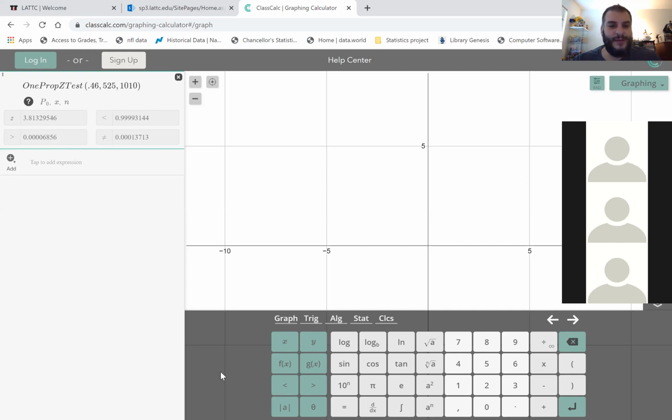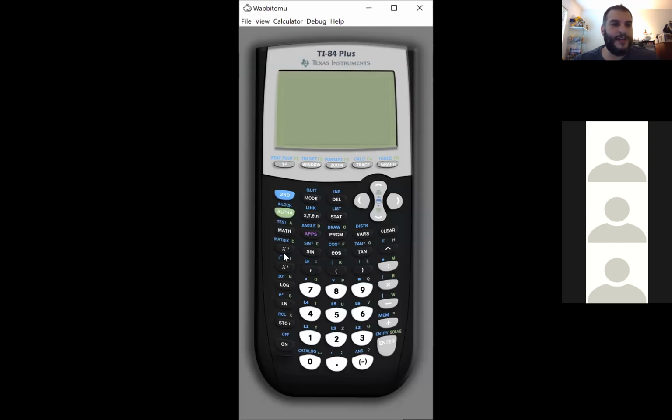All right, so now I'm going to show you how to do this on the TI-84, in case you have a TI-84. Once again, you hit the stats button. You go over to where it says test, and you do a one prop Z test.